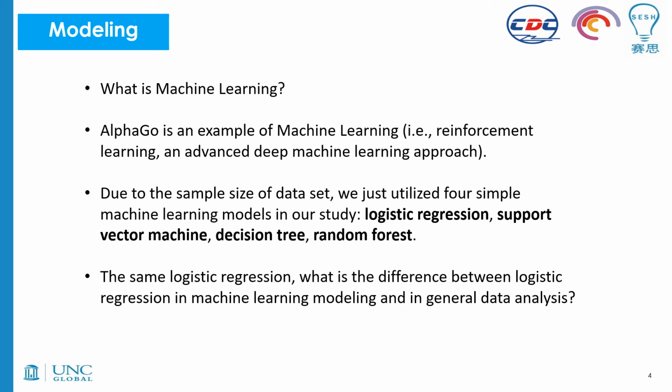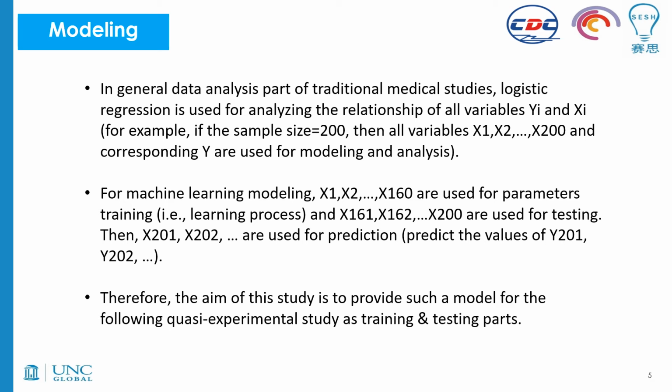Take logistic regression in general data analysis and in machine learning modeling. What's the difference? In general data analysis, logistic regression is just used to analyze the relationship between the variables yi and xi. But for machine learning modeling, some samples are used for parameter training, and the remaining samples are used for testing.